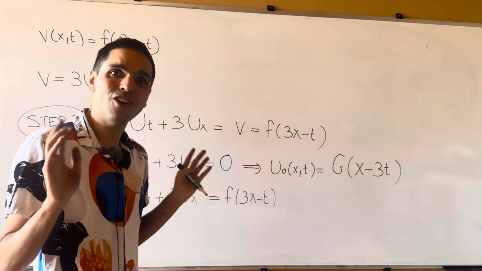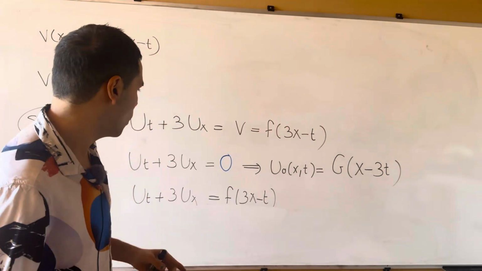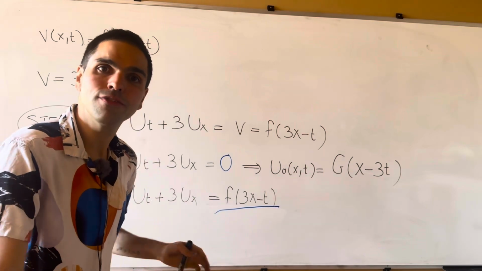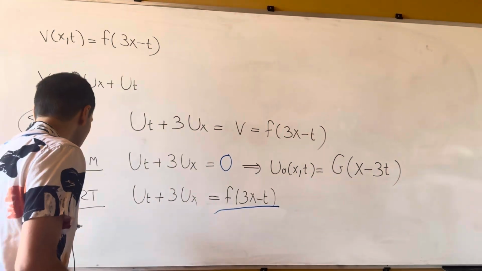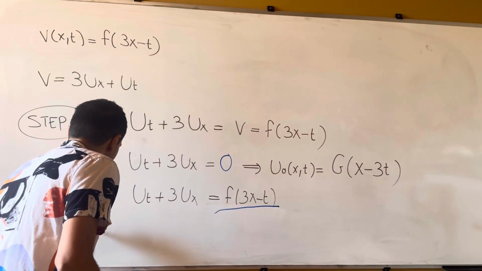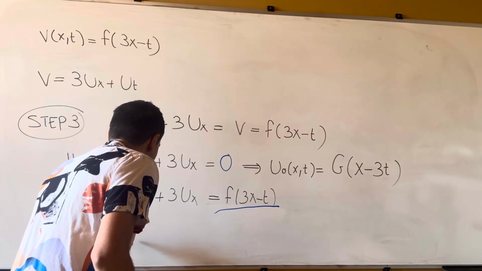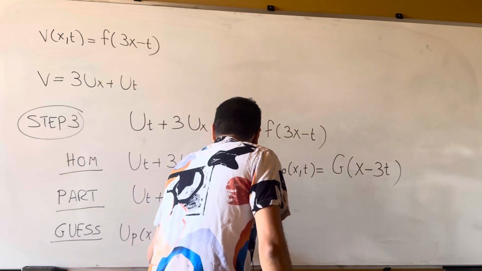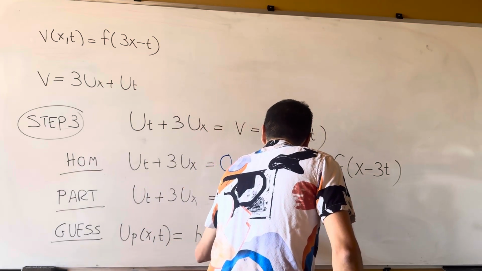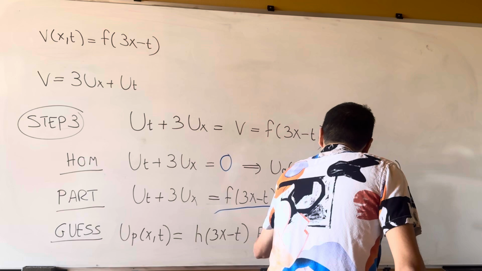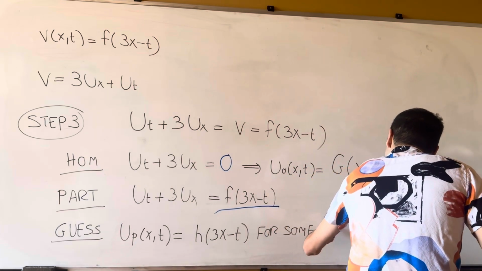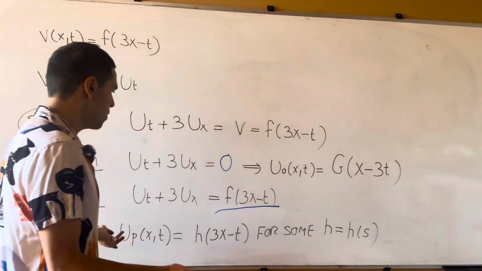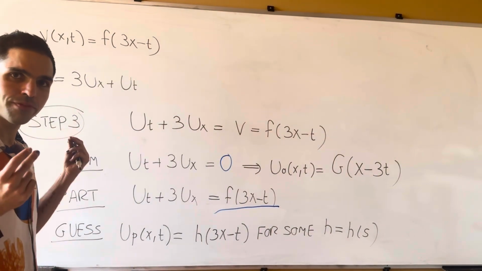And now, just like for undetermined coefficients, we want to guess our particular solution to be of the same form as the right-hand side. So guess u_p(x,t) to be h(3x − t) for some h, which is some function of s. And let's plug this in and see what we get.